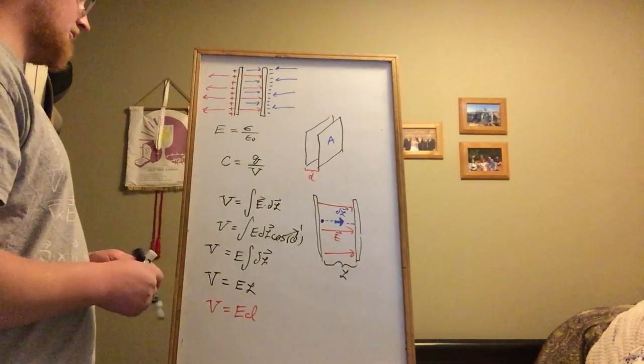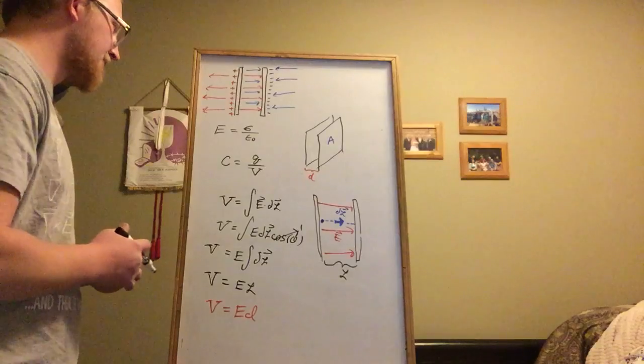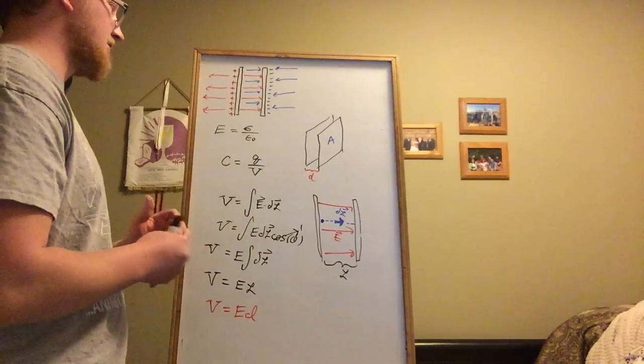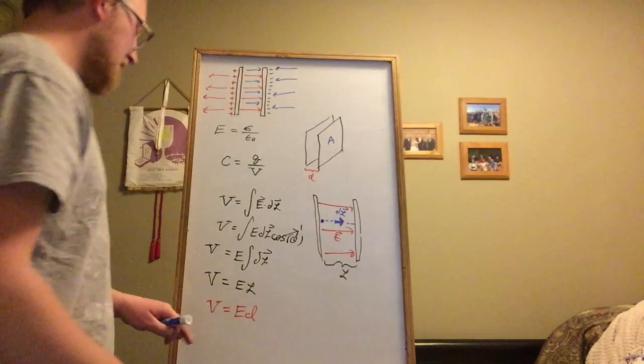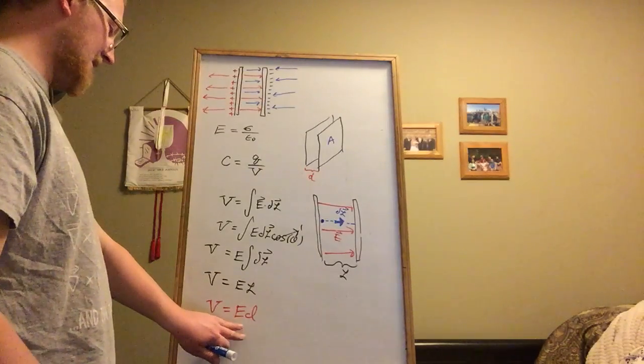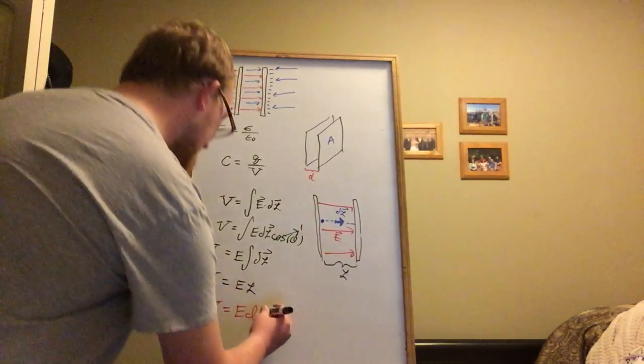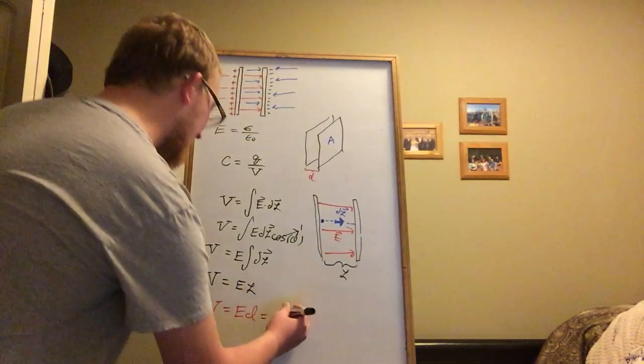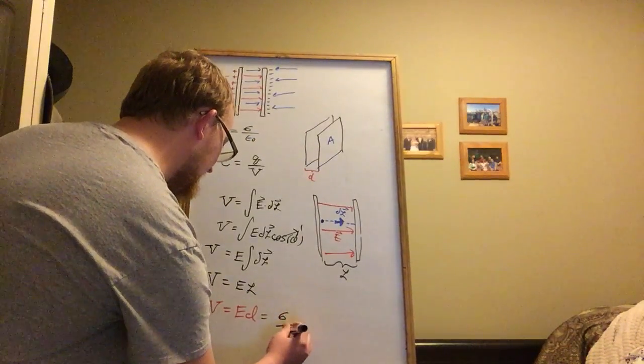All right. So now, how could we write charge in terms of spatial dimensions? Well, first let's take E times D and rewrite that, because we know that E in a parallel plate capacitor is σ over ε0.